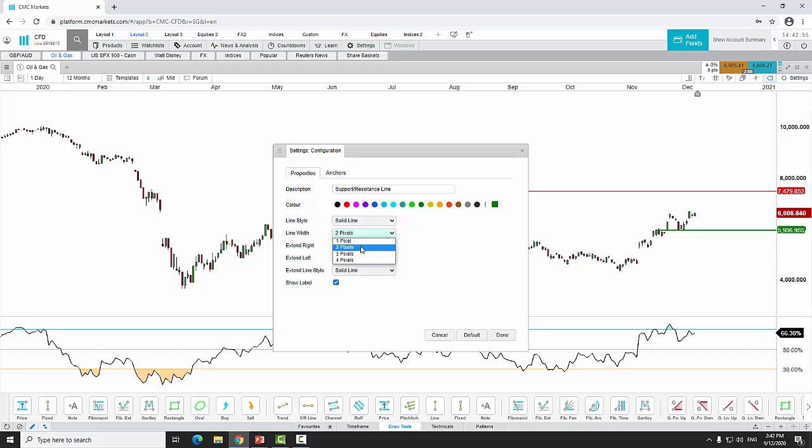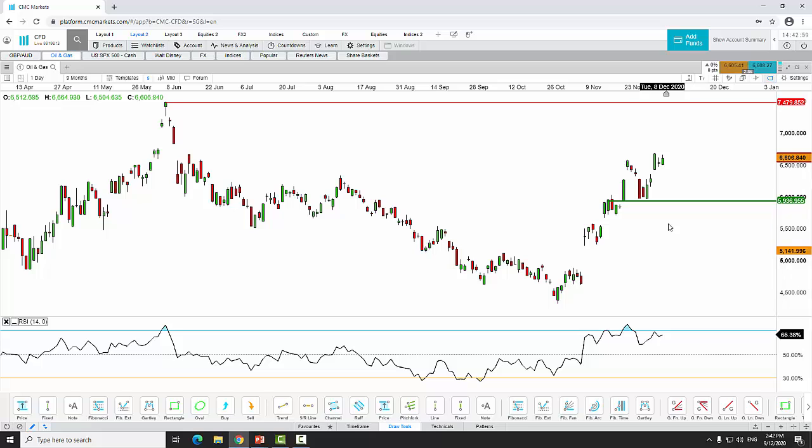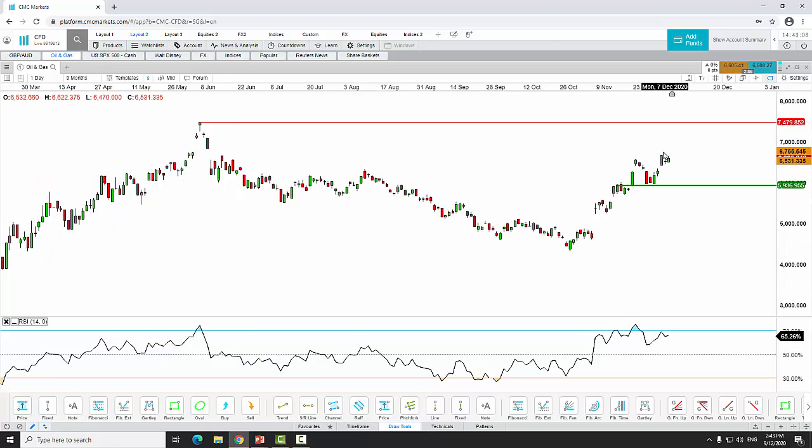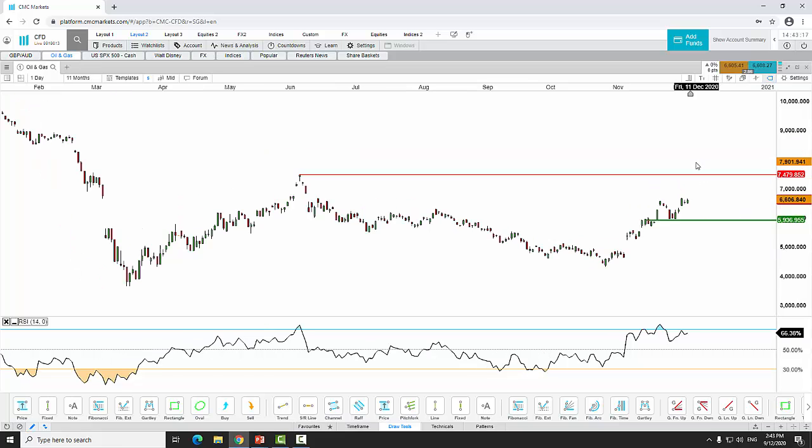Let me put it thicker. So it's at 5,936. As long as 5,936 holds, potentially we could see further upside to test this key neckline resistance of this major double bottom that is still in progress of forming at 7,480.